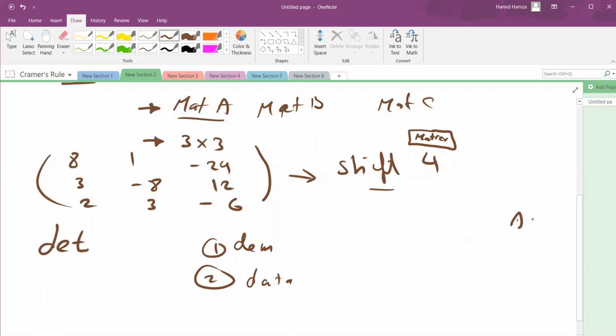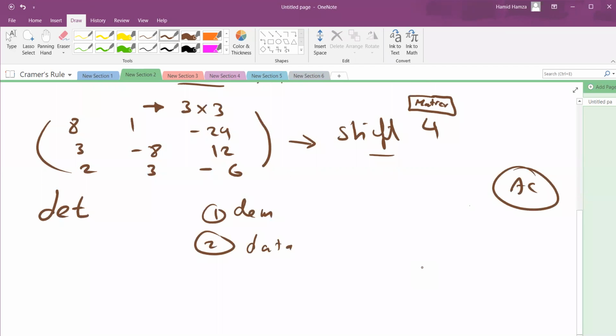So hit AC again. Number one item. Okay, hit AC, clear the screen, AC. And again, Shift and 4. The same.